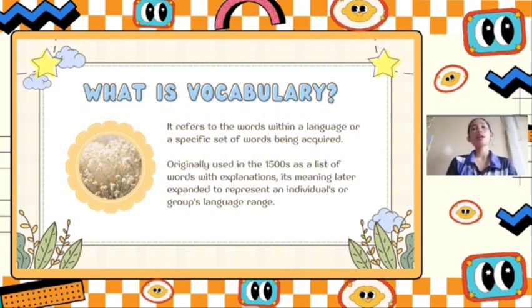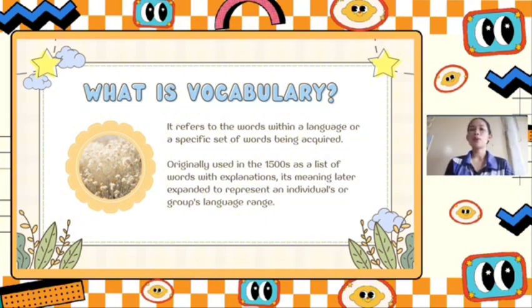So, vocabulary is essential for language learning as it enables expression and comprehension by connecting meaning and understanding. So, why? Because comprehension comes first. If you have a broad vocabulary, you can express yourself more clearly, confidently, and effectively.